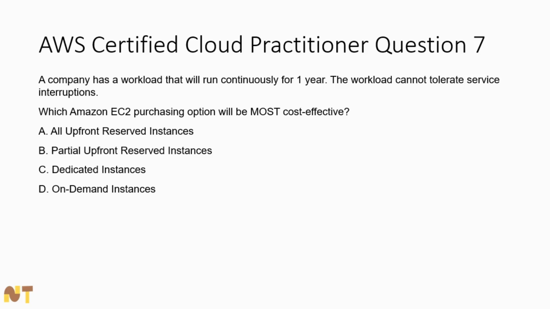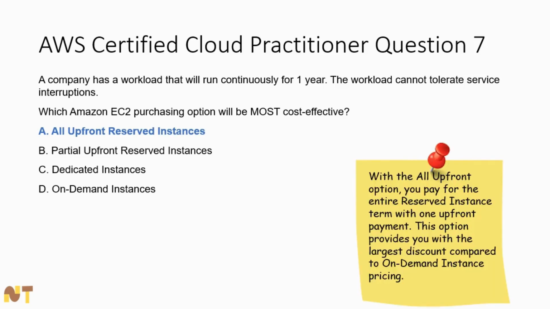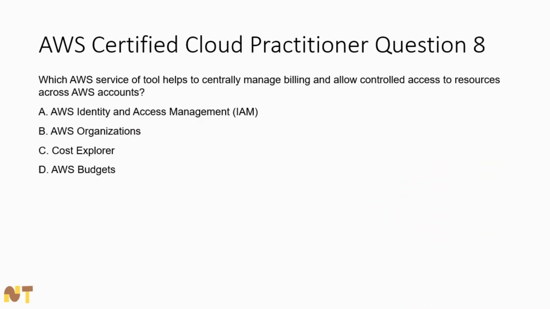The correct answer here is A. All upfront reserved instances. With the all upfront option, you pay the entire reserved instance term with one upfront payment. This option provides you with the largest discount compared to on-demand instance pricing. So the correct option is A. All upfront reserved instances. Here is the next question.